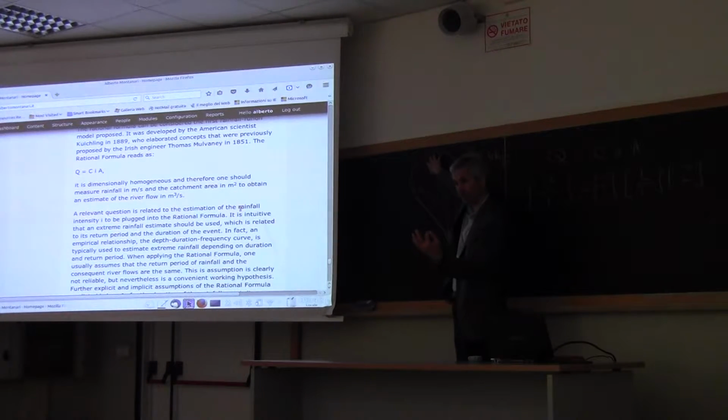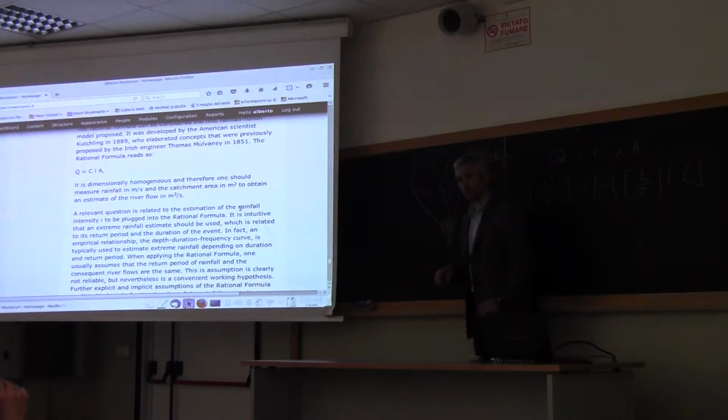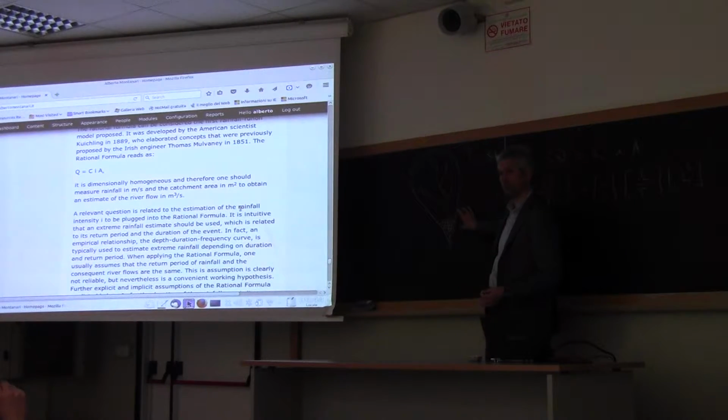Now, let's suppose that time passes. After some time, this area has already contributed, so it doesn't contribute anymore. What is the area that contributes then to the river flow? It's the area, maybe this one. So after some time, you get this contribution, but you don't have anymore this contribution.